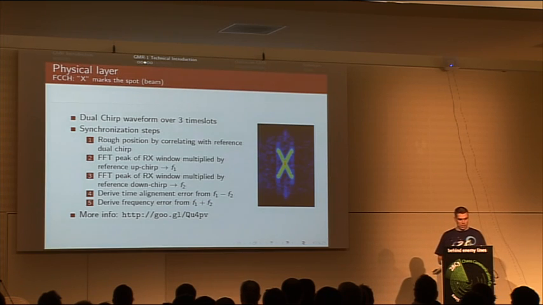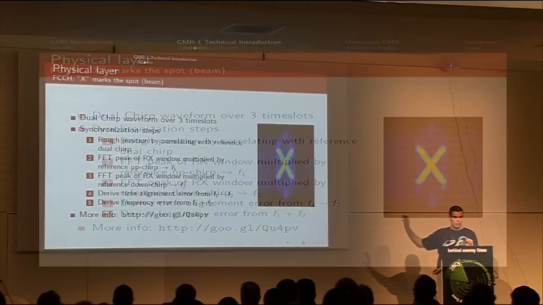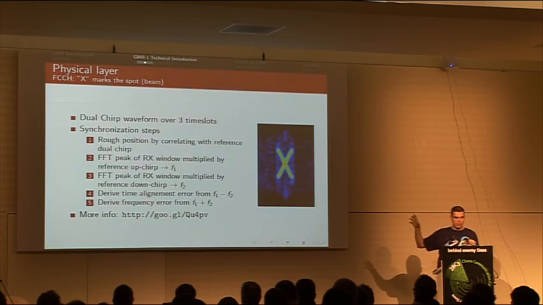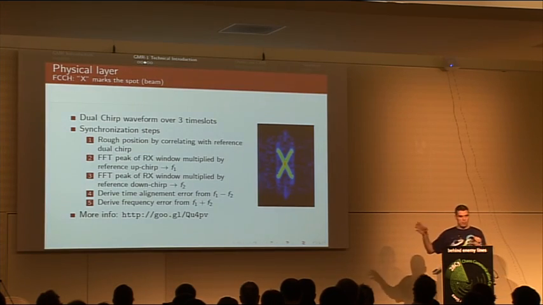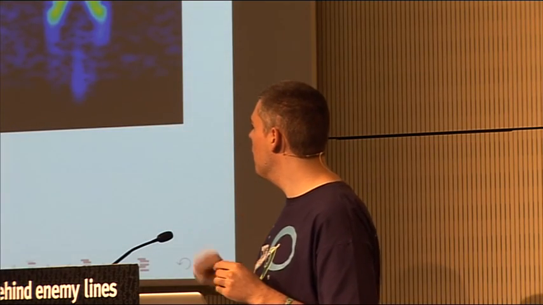And I won't go into all the mathematical detail, but this waveform has a very interesting property. Most notably, if you capture roughly where this waveform is, using a rough acquisition by a simple correlation, it won't be very precise, but it will be good enough to know more or less where it is, like in this window.